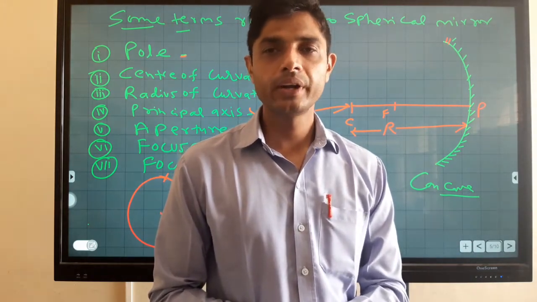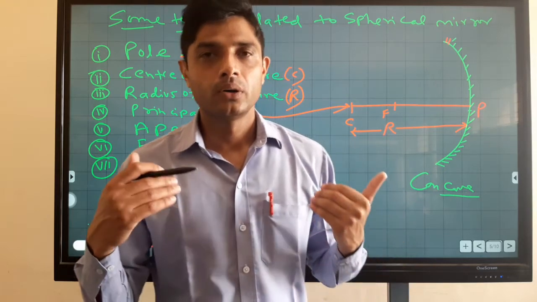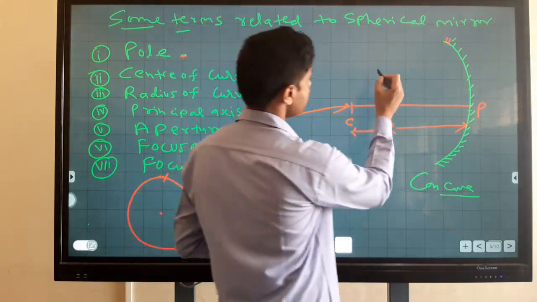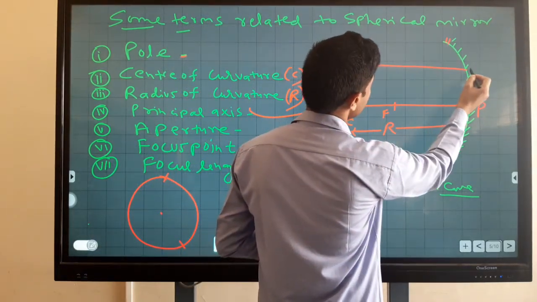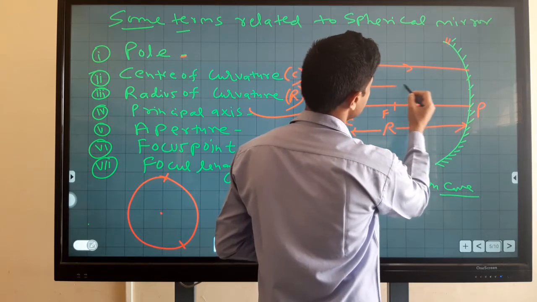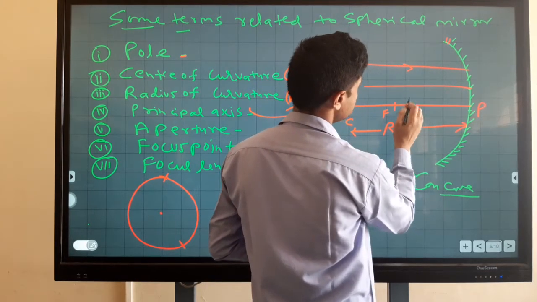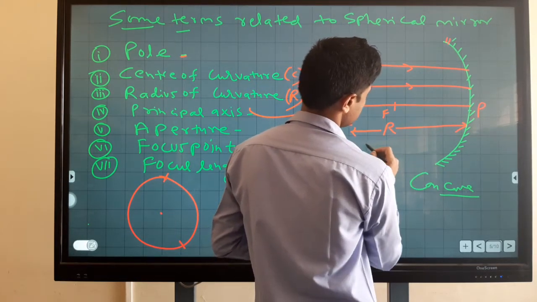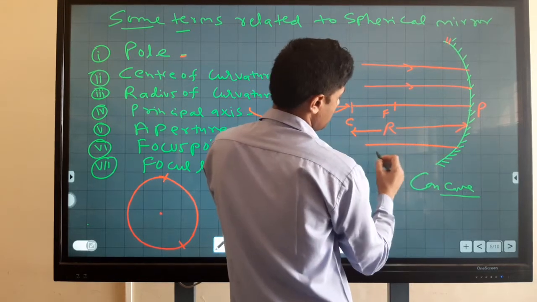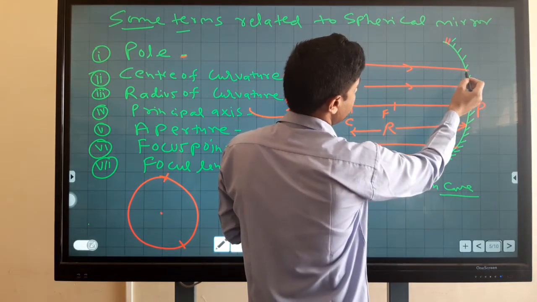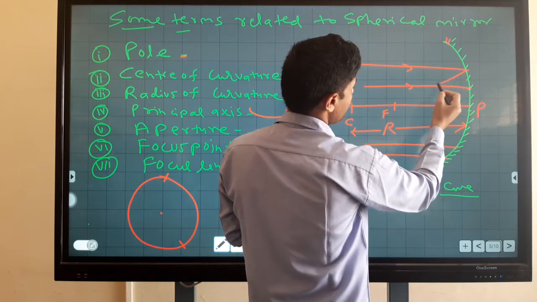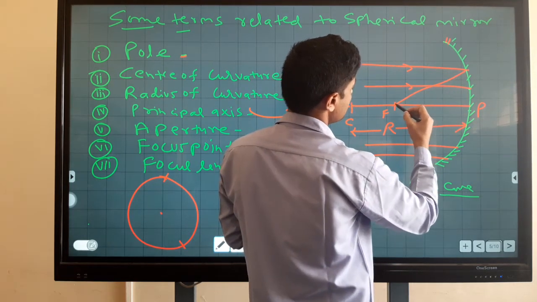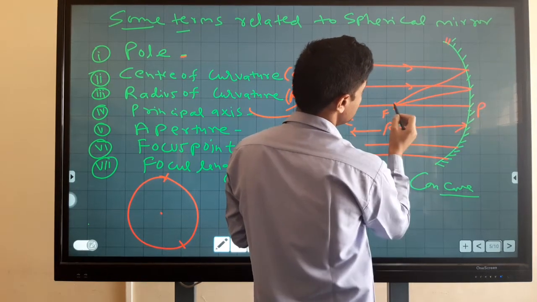This point is known as the focus point. Let these be parallel rays to the principal axis, then the parallel rays pass through the focus after reflection.